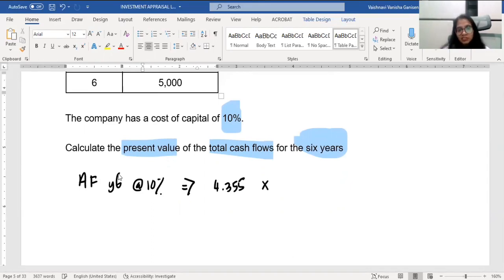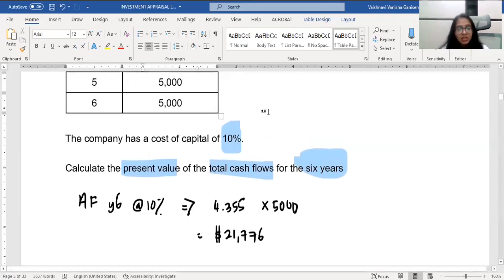To find the total present value, you multiply by 5,000. You should get 21,776.